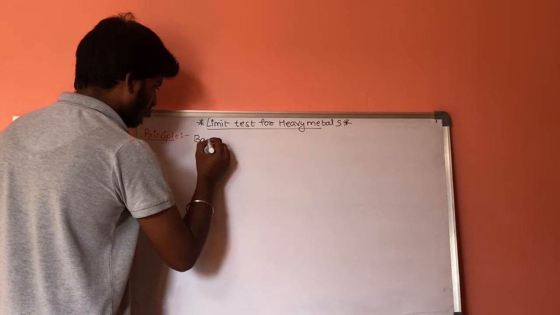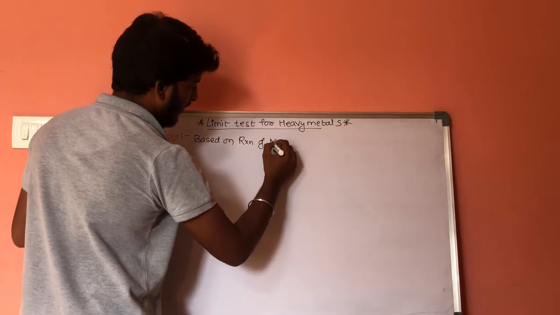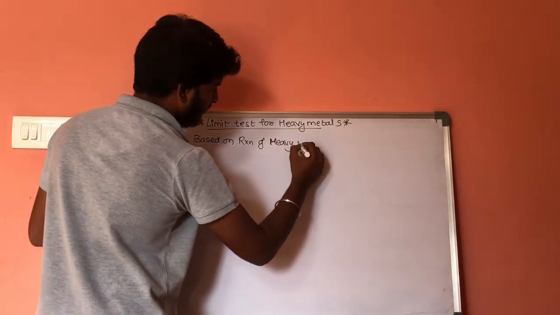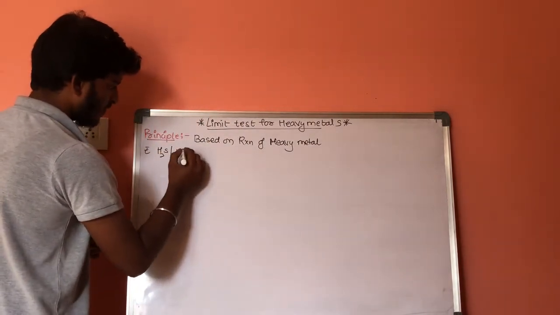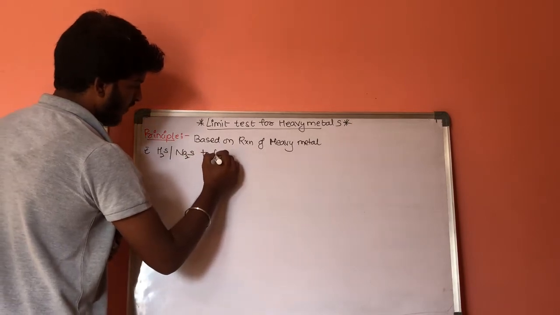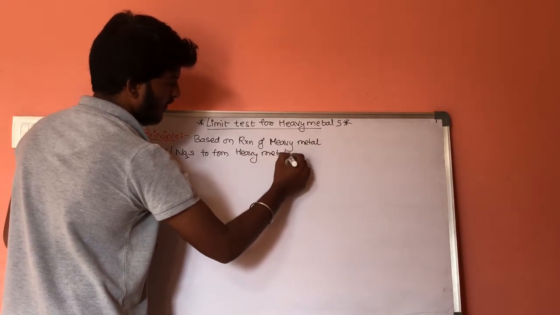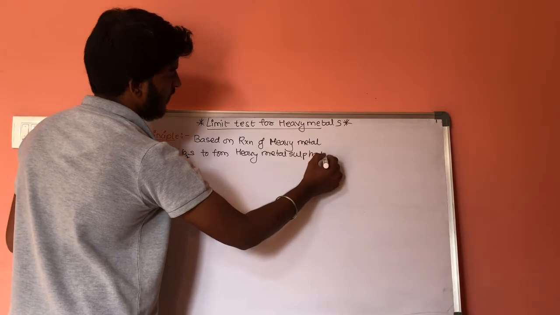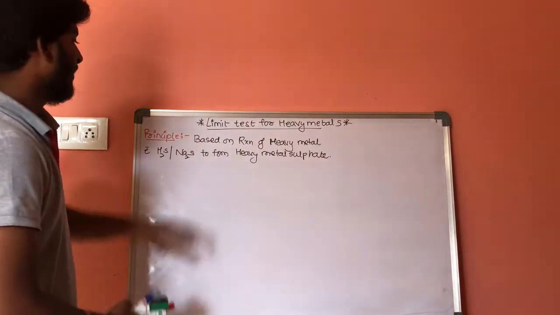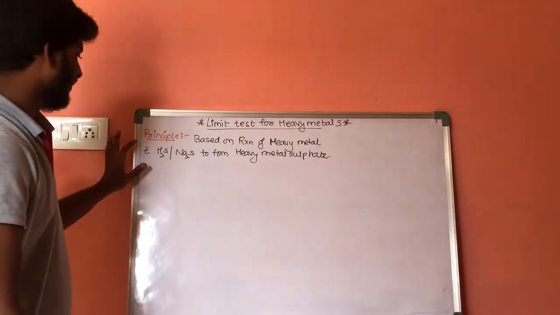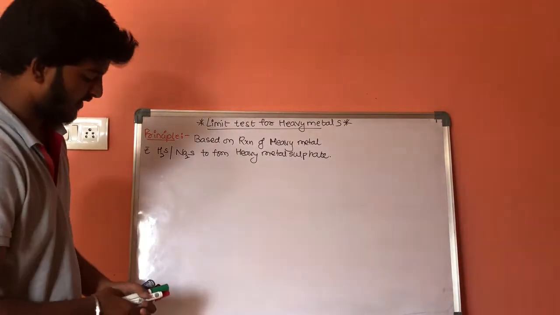This is the principle of heavy metals: based on the reaction of heavy metals with hydrogen sulfide or sodium sulfide to form heavy metal sulfide, with the help of stannous chloride.